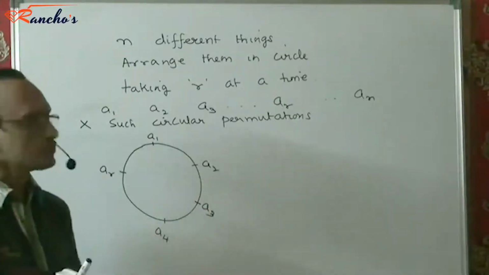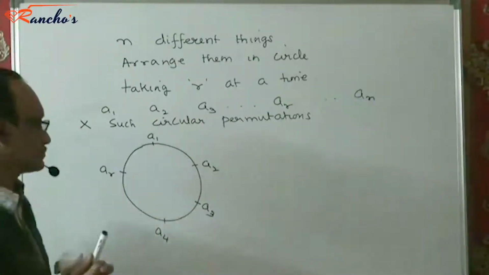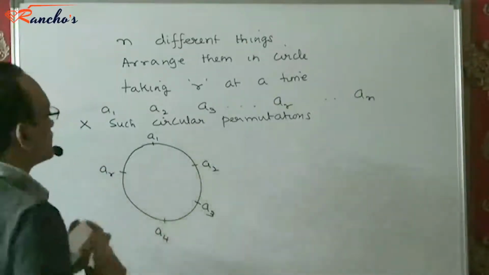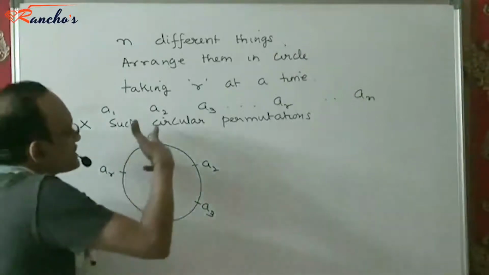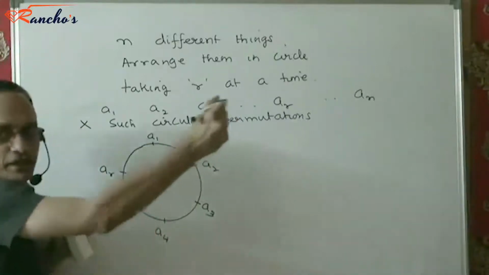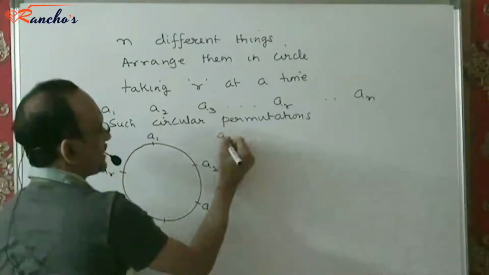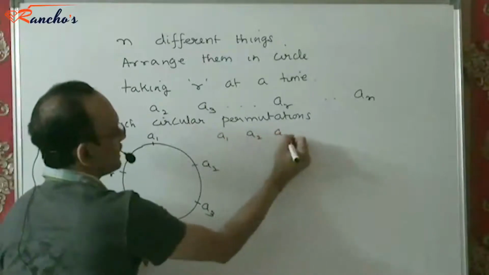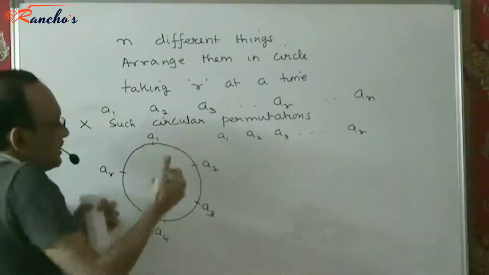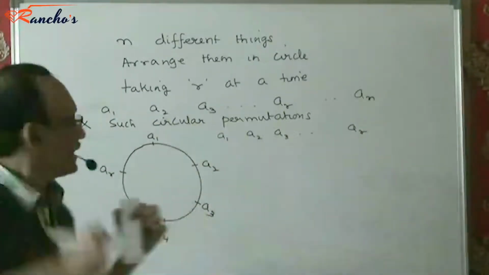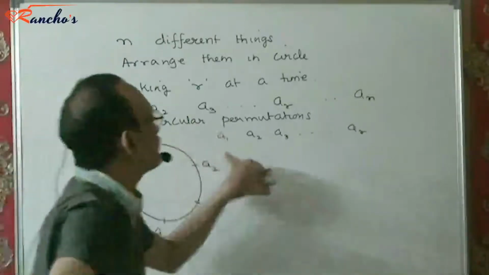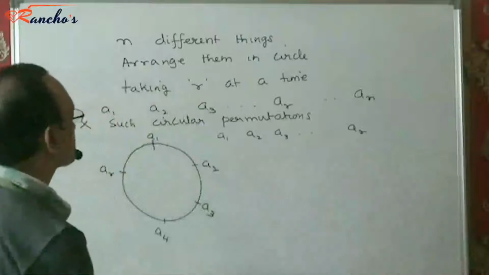Now, in this, what I could have done is cut this circle at a1. If I cut this circle at a1 and straighten it, I would have got a linear permutation, a1, a2, a3, ar.